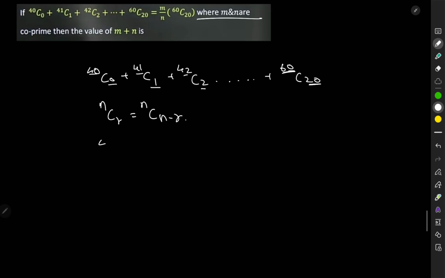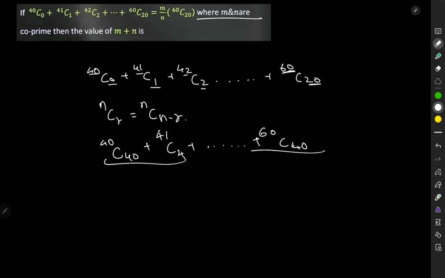So I'll get 40C40 plus 41C40 plus dot dot till 60C40, right? And again the Pac-Man theory, you will get 61C41, right?